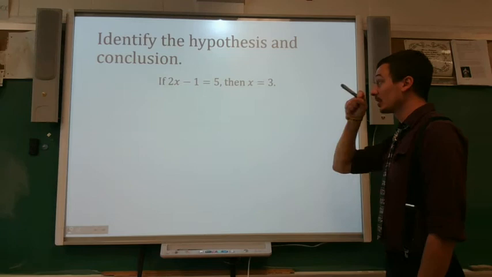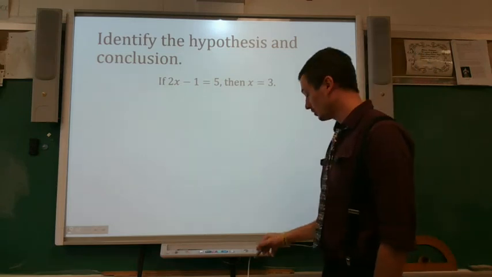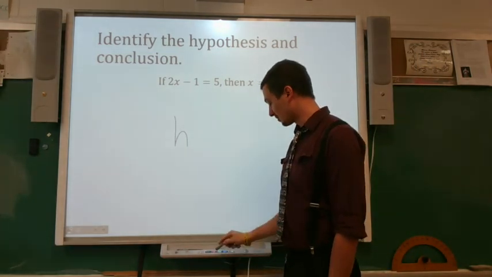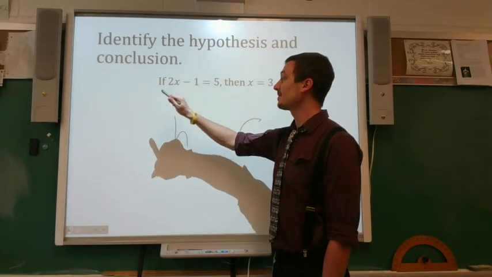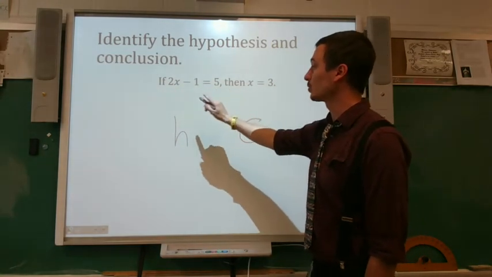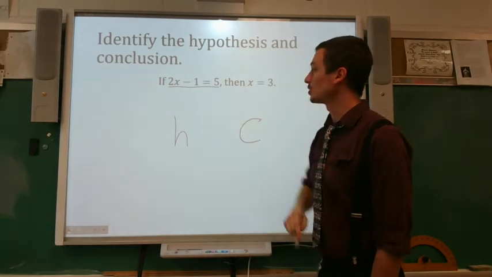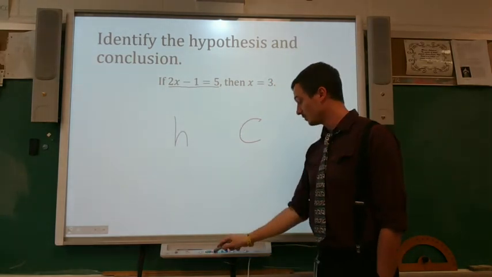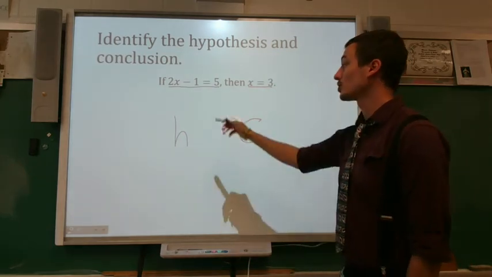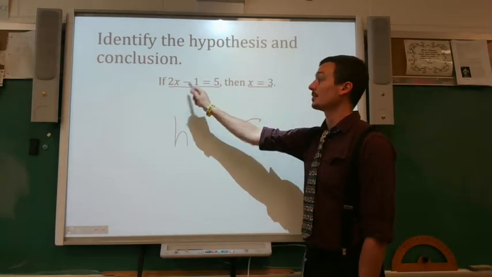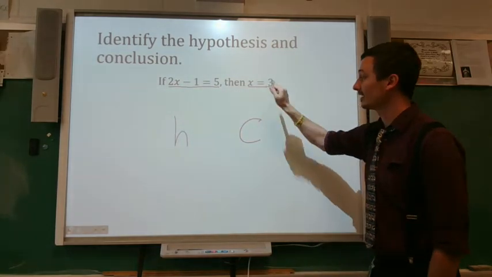In this statement, we are going to identify the hypothesis and the conclusion, and we'll keep the hypothesis in purple and the conclusion in red. In this case, the hypothesis, if 2x minus 1 equals 5, that's what I'm accepting to be true. If that is true, then x equals 3. This is a true statement. If I were to solve this equation for x, I would get that x equals 3.